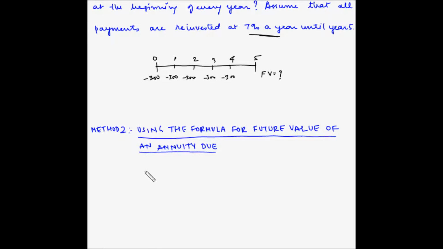Now in one of the previous videos, we have seen how to derive the formula for finding out the future value of an annuity due.